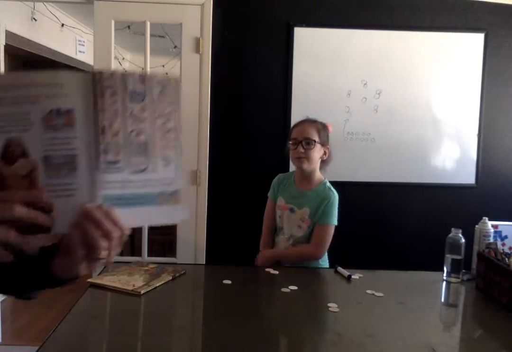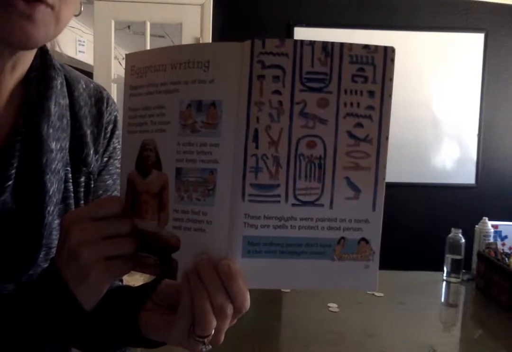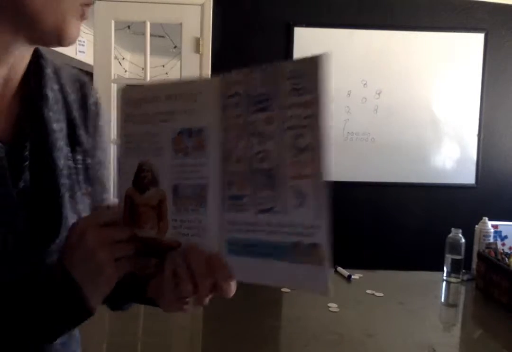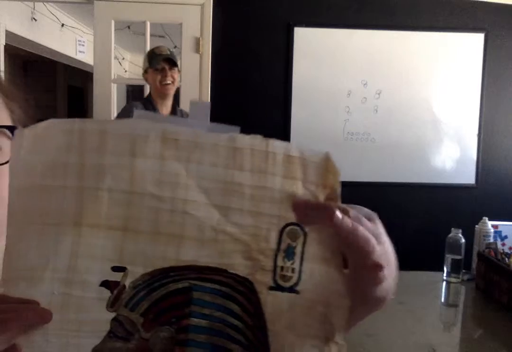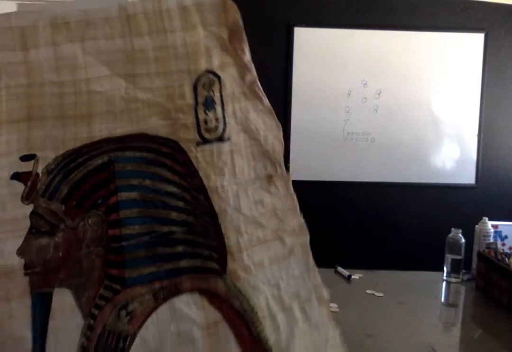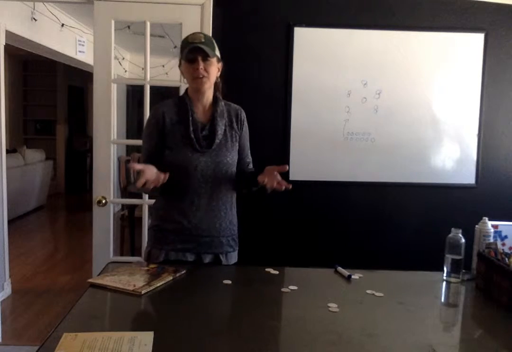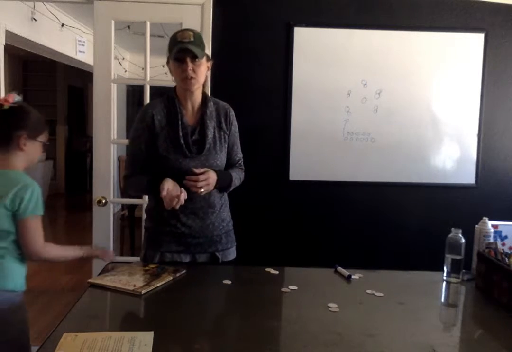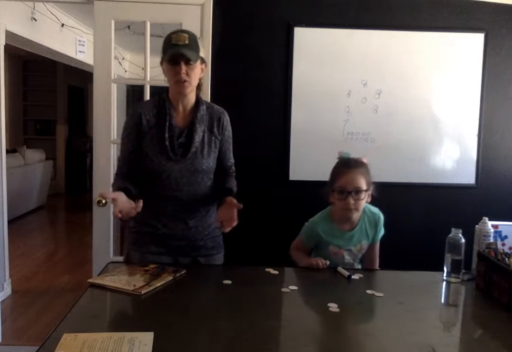So hieroglyphs, remember, the ancient Egyptian people and other cultures wrote out their entire history on the walls of caves and in the tombs of the pharaohs in pictures. They also used papyrus. And there's thousands and thousands of pictures.